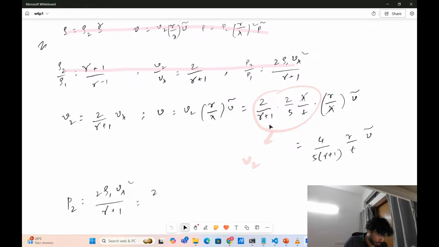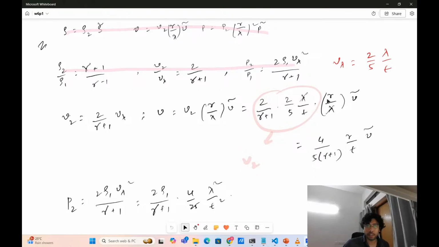And V lambda, as I said, is 2 by 5 lambda by t, and therefore the square of it will be 4 by 25 lambda square by t square.